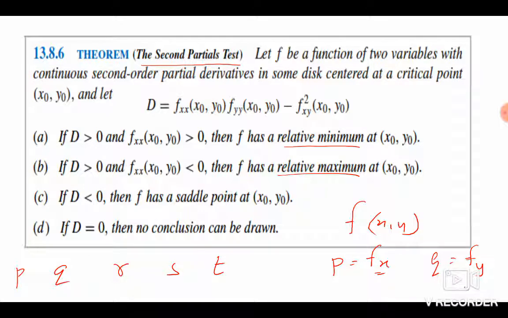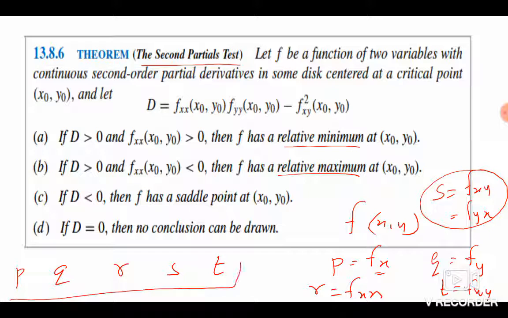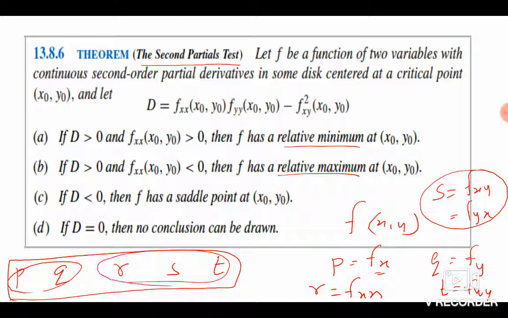So then what is r? r is f double x. t is f double y. And what is s? s is fxy or fyx, the second derivative of f with two different variables. We should remember these 5 letters: the first two represent the first derivatives, and the last 3 represent the 3 different second derivative terms. If you remember this, we can simplify the formula.